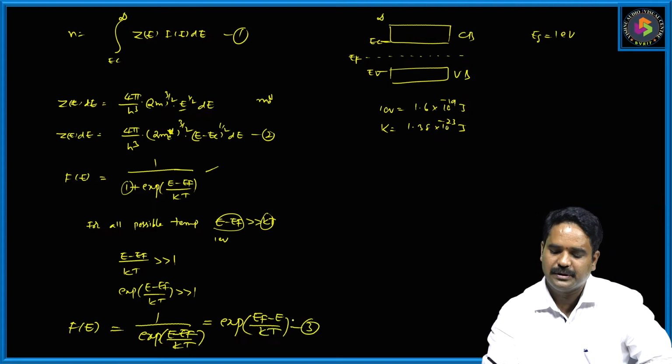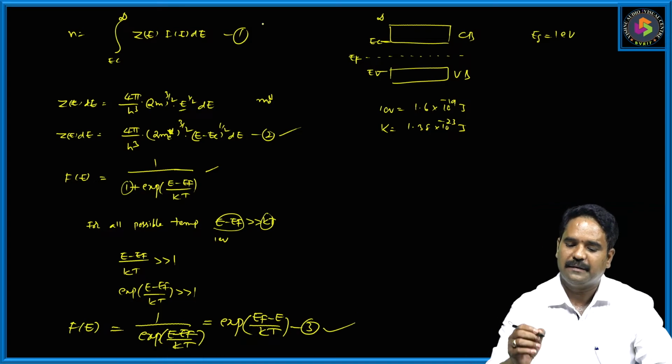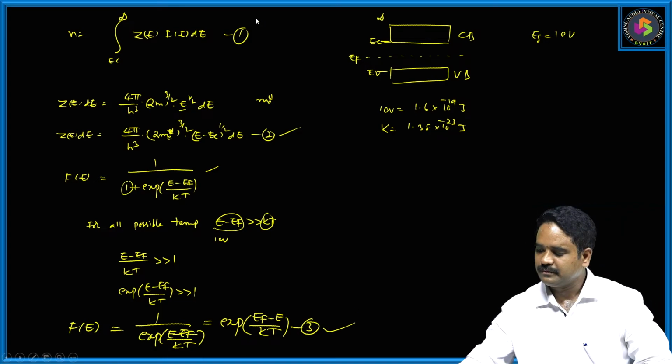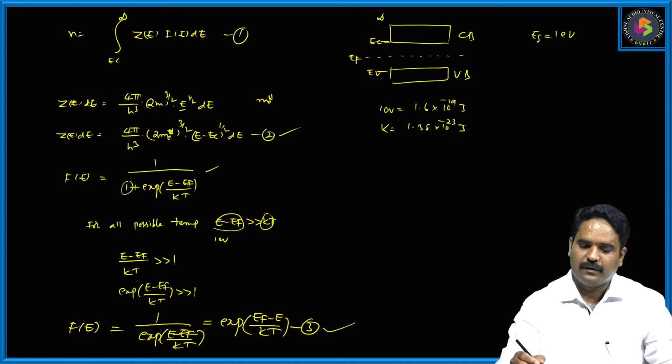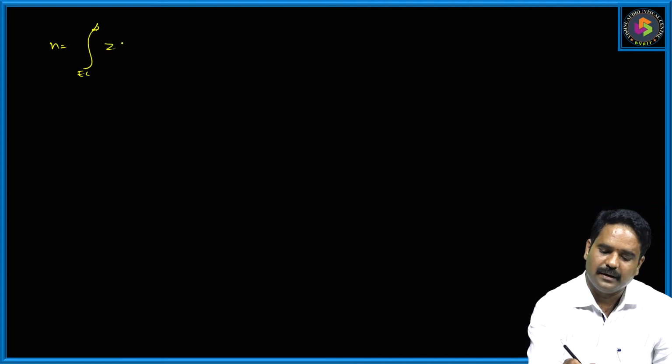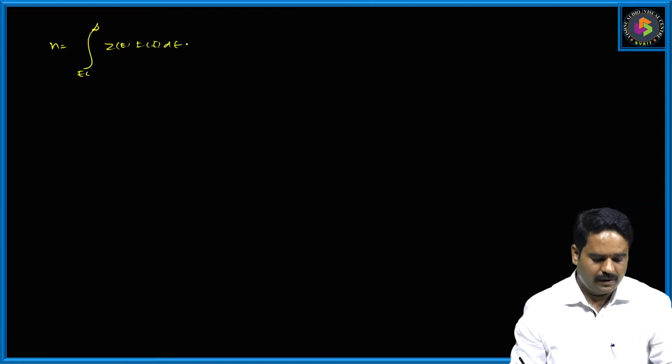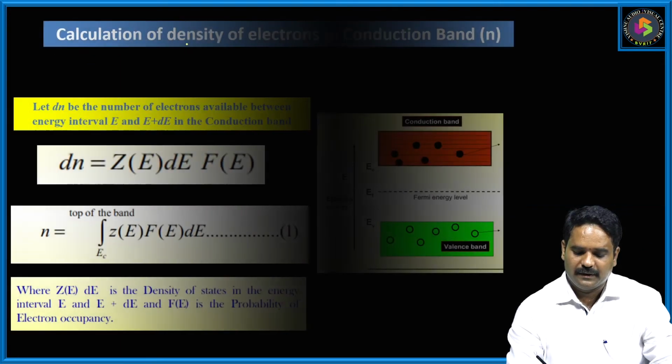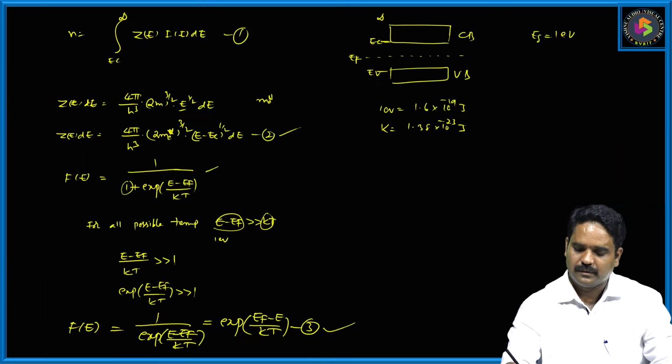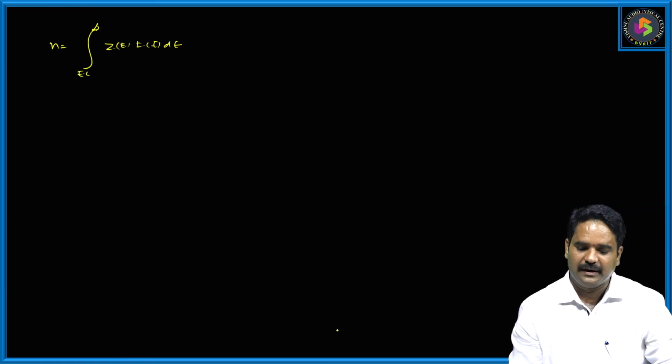Now we have to substitute 2 and 3 in equation number 1. Then n is equals to integral Ec to infinity z of E into f of E into dE. This is 1. Now equation number 2 and 3, I am substituting 2 and 3 in 1.